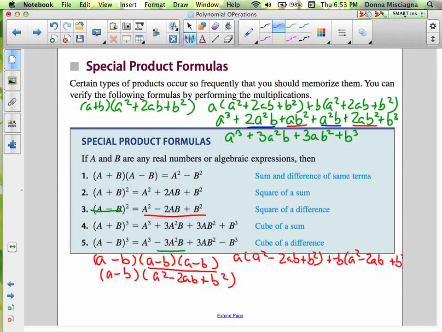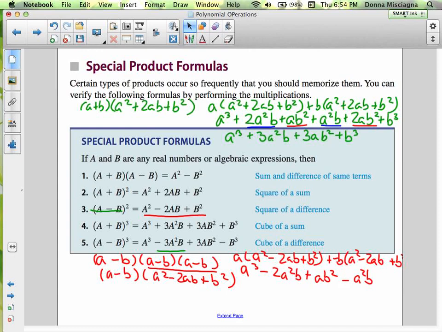When we go to distribute, we still have the a cubed. A times negative 2ab would be negative 2a squared b. A times b squared would be a positive ab squared. And then negative b times a squared would be a negative a squared b. Negative b times negative 2ab would be a positive 2ab squared.